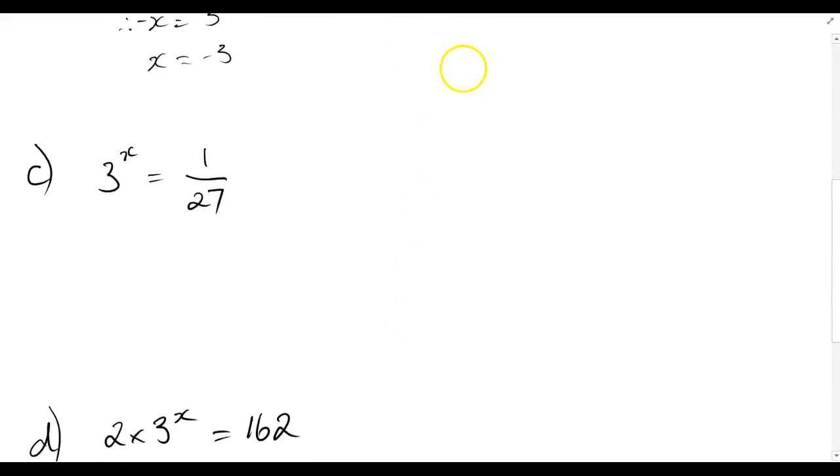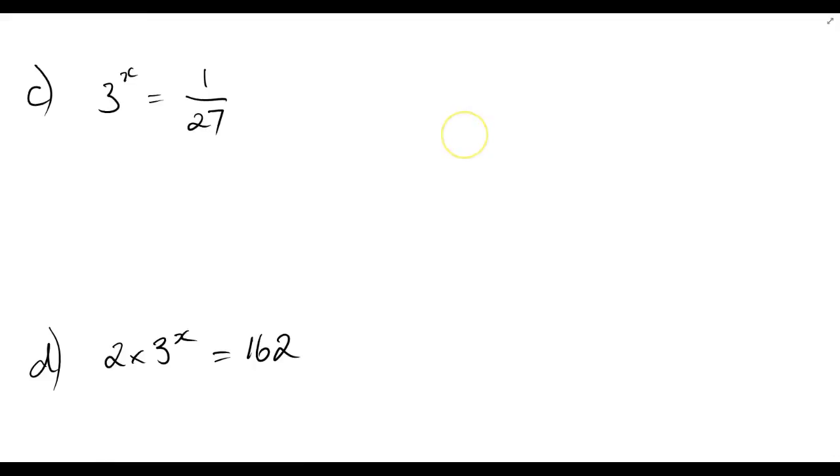When we look at questions like C, where we're given a fraction, we still want to go for the same idea. We still want to write our number in the same base that we've got over here. So for 27, I know I want base 3. 3 times 3 gives me 9, so I'm not at 27, times another 3, that gives me 27. So I'm going to use 3 to the power of 3 instead of my 27.